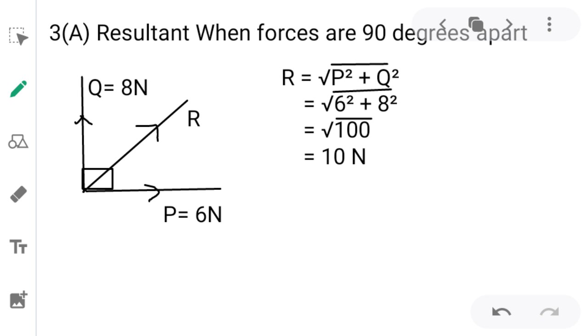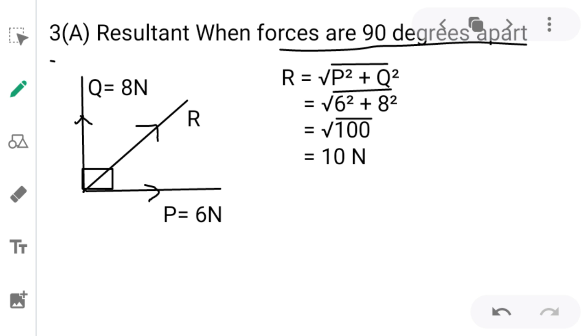So in the third case, the resultant when forces are 90 degrees apart, that means the angle between two forces is 90 degrees, the resultant will be in between them. So what is the magnitude of that resultant? That can be calculated by using the formula R is equal to root of P square plus Q square.